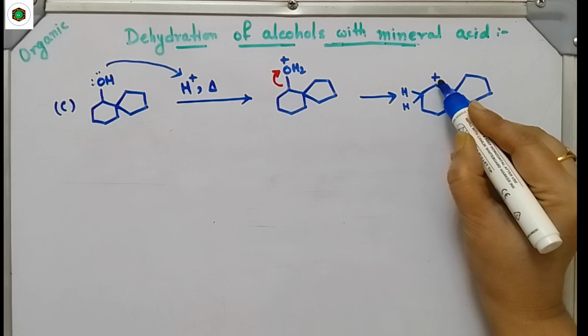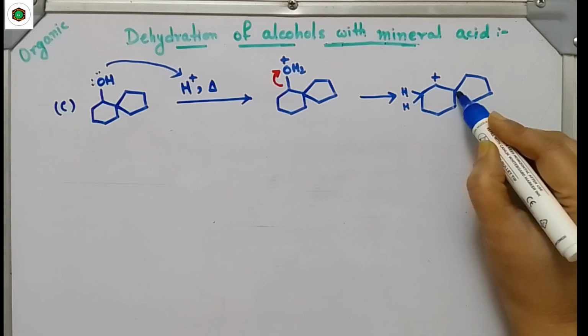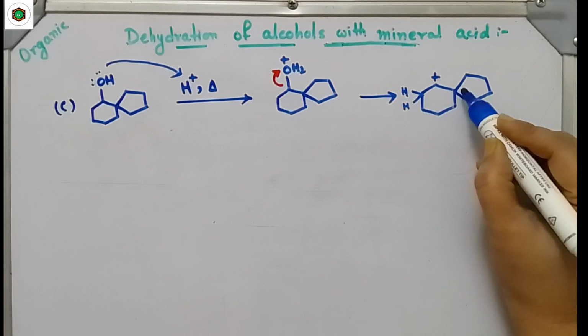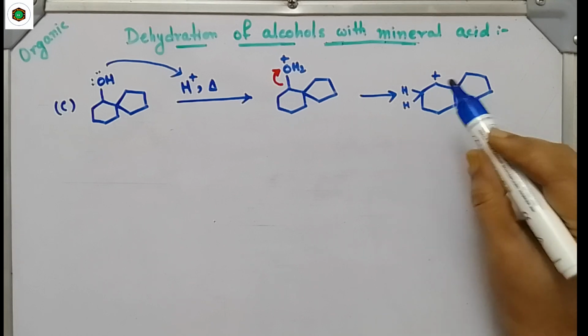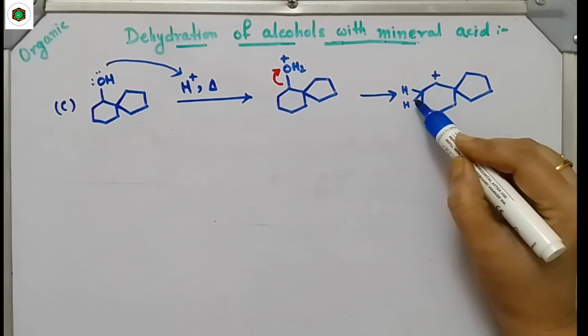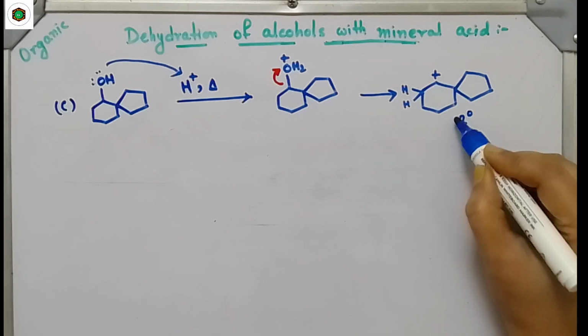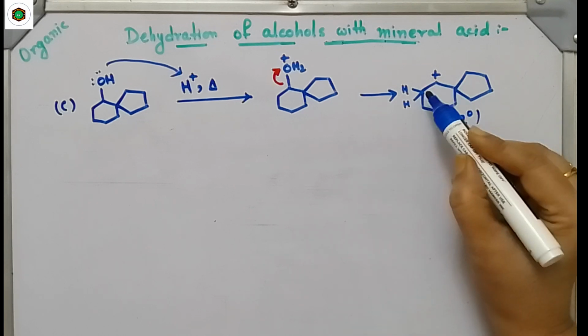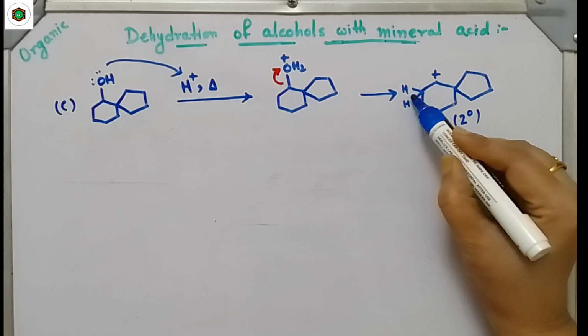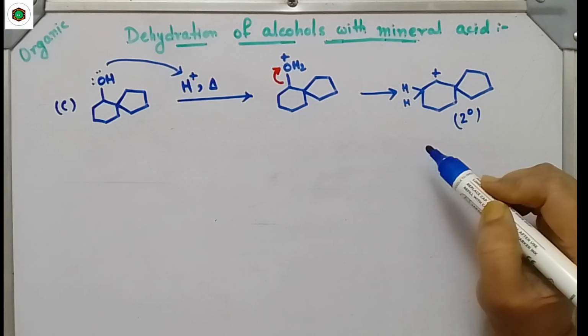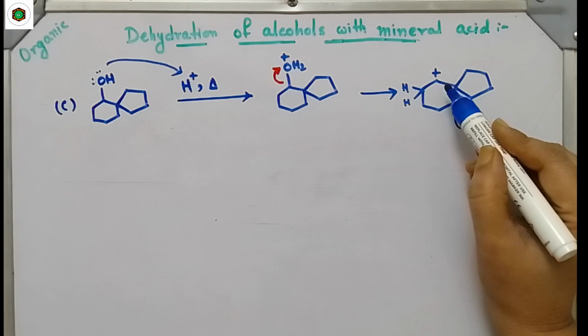Now see here, adjacent to this carbocation there is one carbon, here there is another carbon, but here no hydrogen is there. You can see here two hydrogens are there. Now this carbocation is a 2-degree carbocation. If you migrate this hydrogen with its bonding electron, what will happen?